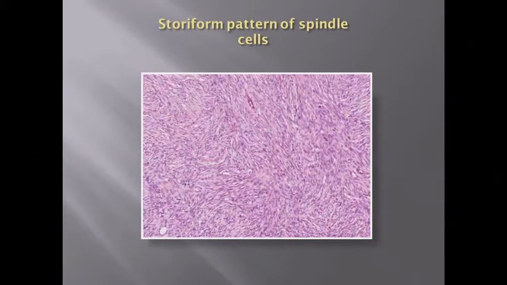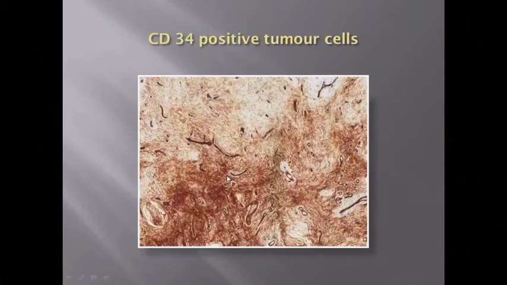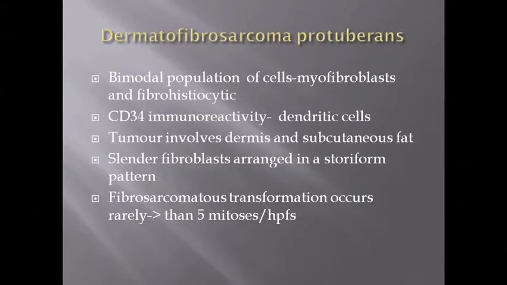So, nice storiform pattern of what we describe as a rush mat appearance of these spindly cells. So you can see that nicely here. And the cells stain strongly for CD34. So the diagnosis becomes very obvious: dermatofibrosarcoma protuberans.